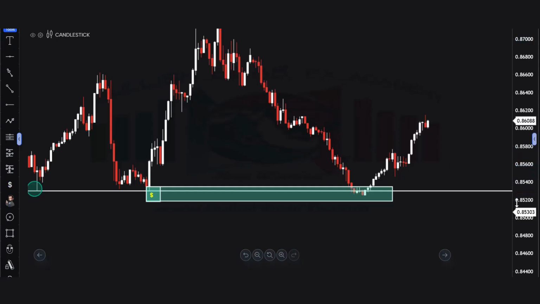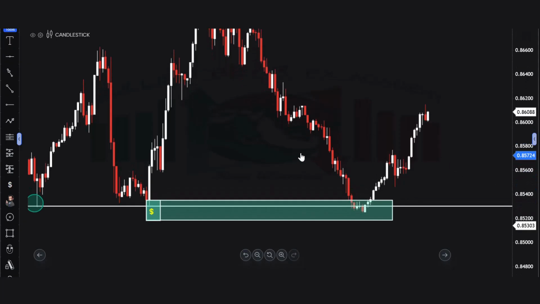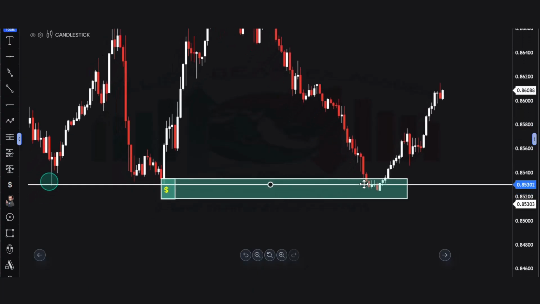Now we could see exactly what price had done. When price came into our zone, we can see clearly that price broke beyond the support line, going straight into the zone where we had the candlesticks, and that was where it found a good support to push to the upside. So that simply means this zone was a good zone to place a buy.